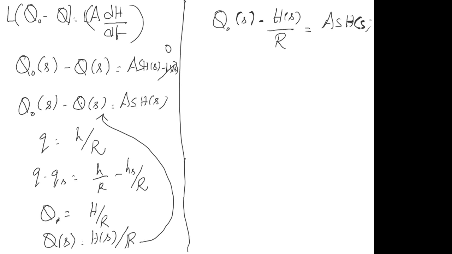Can you write this, from the above equation, in the form of H of S by Q naught of S equal to Kp by tau S plus 1?